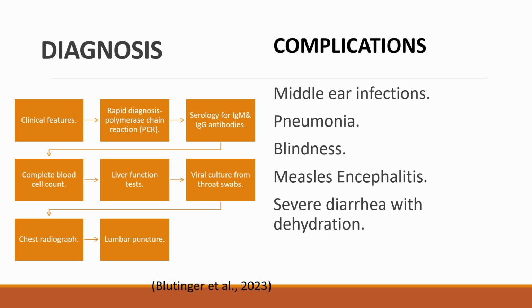A complete blood count may show leukopenia with lymphocytosis and thrombocytopenia. LFTs may reveal elevated transaminases in measles hepatitis. A chest radiograph and lumbar puncture may be conducted in suspected complications.